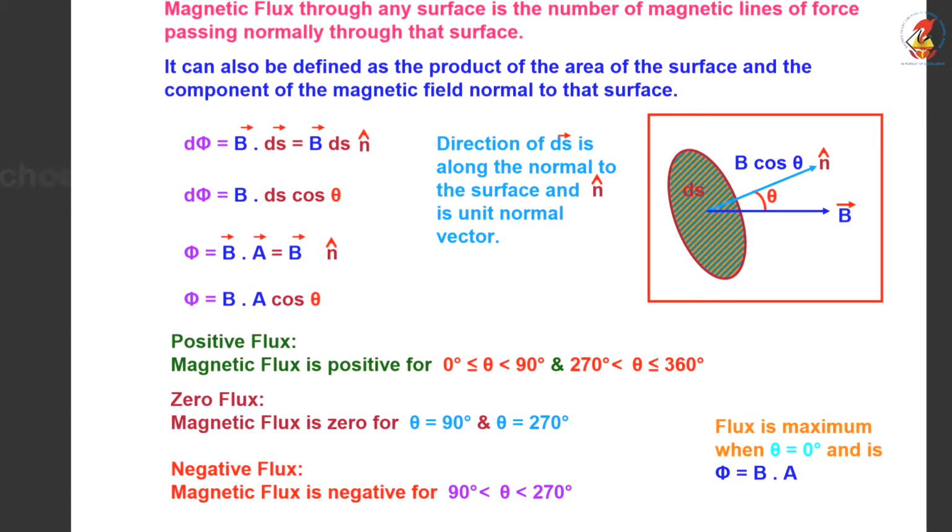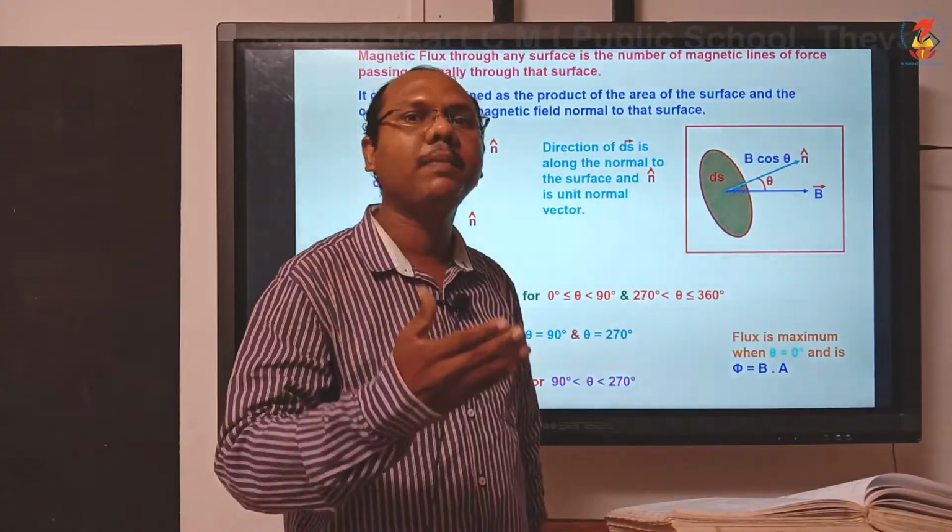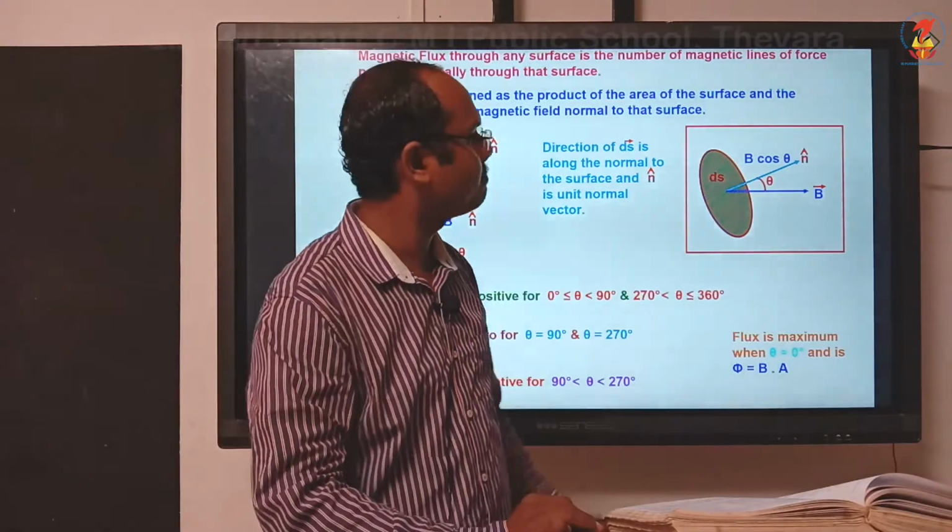So here in this figure you can see I marked a small surface area dS, and B is the magnetic field. I draw a normal which is written as n cap. Normal means it is a vector which is perpendicular to any surface.